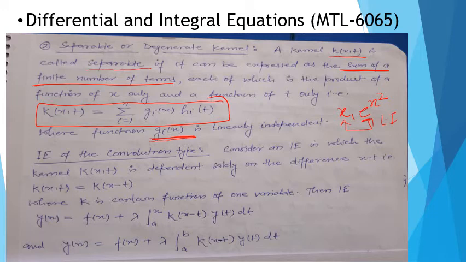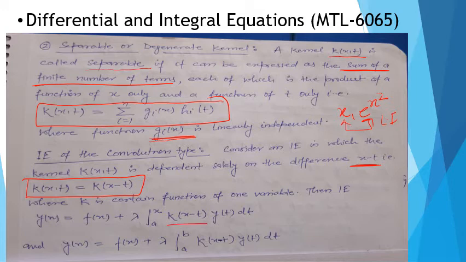Integral equation of convolution type. What are convolution type integrals? This kernel is of a special type. If K(x,t) can be written as K(x-t), meaning K(x,t) is a function of x minus t. That is, y(x) = f(x) + lambda integral a to x K(x-t) y(t) dt.